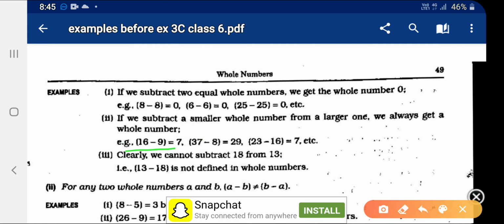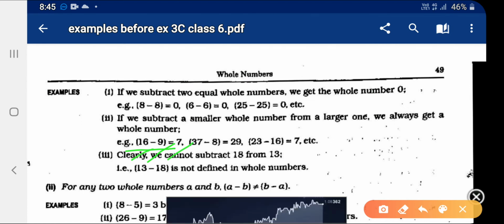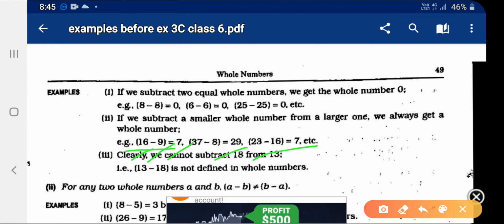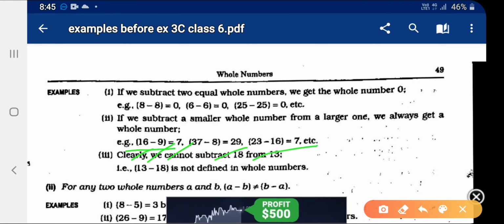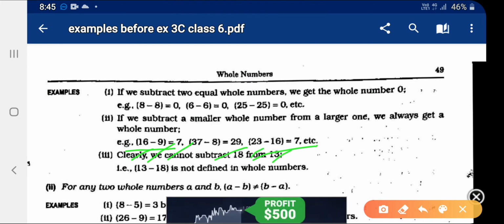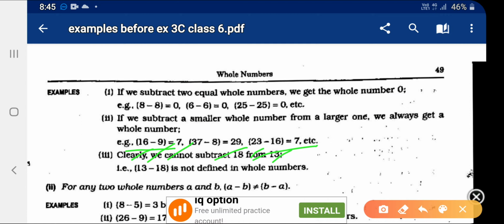Suppose 16 and 9 we have taken. If we subtract the smaller whole number, which is 9, from the larger one, which is 16, what do we get? 7. So 7 is a whole number. Similarly, in these other examples you can find that the difference of a greater whole number and a smaller whole number is a whole number when we subtract smaller from greater.